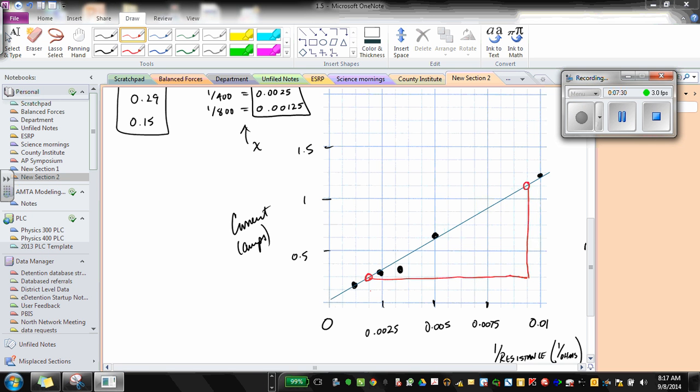You can see that each square on my grid along the x-axis is not a convenient number to use, so I have 4 blocks. 1, 2, 3, 4 blocks taking up 0.0025 units, and that's not a nice clean division.